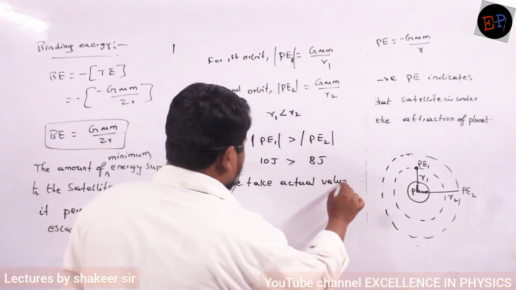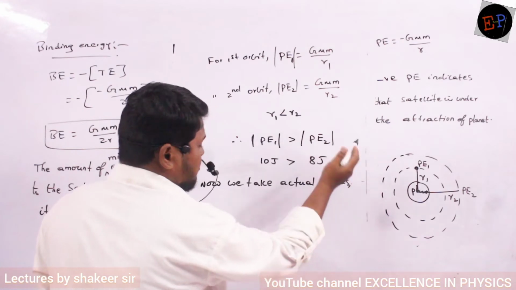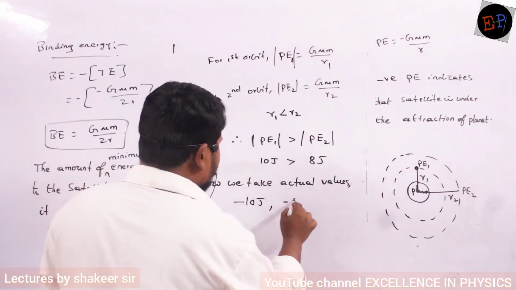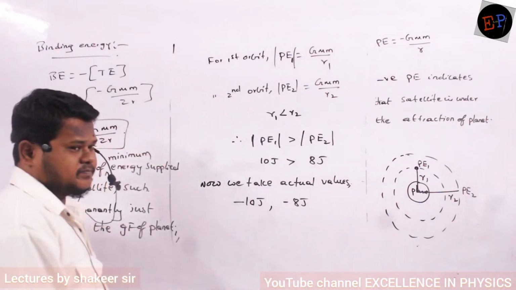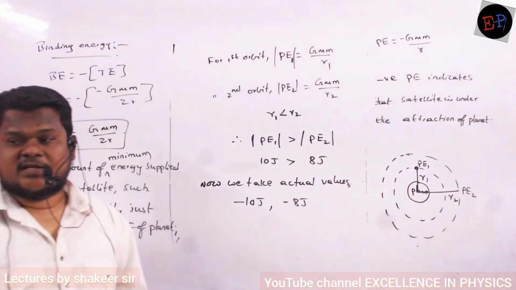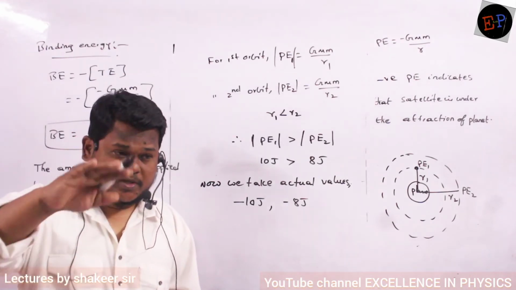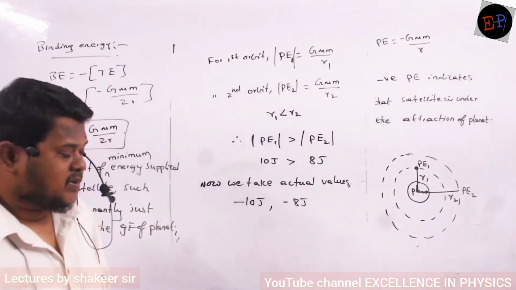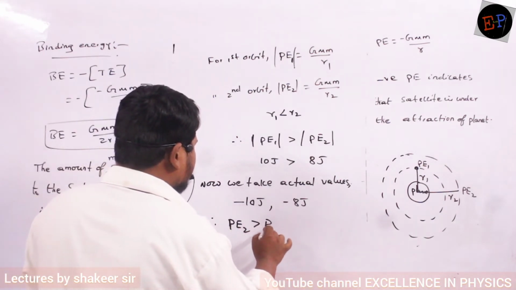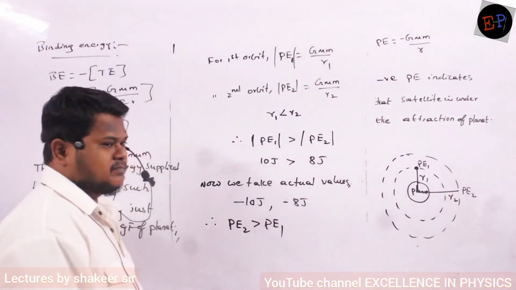What is meant by actual values? Now I have to place a negative symbol there. Now it will become minus 10 joules and minus 8 joules. Which one is bigger? Minus 8 is bigger. It means the potential energy of the first orbit is not bigger. The potential energy of the second orbit is bigger. Therefore, potential energy of the second orbit is greater than potential energy of the first orbit.